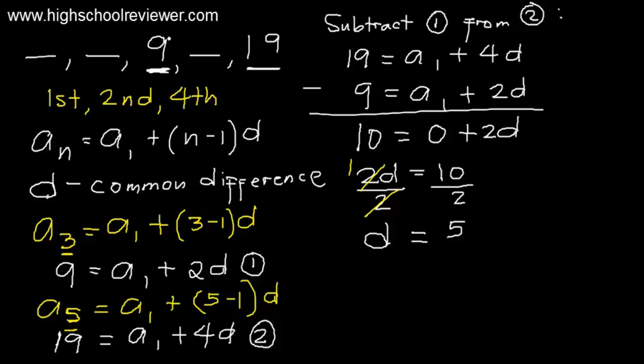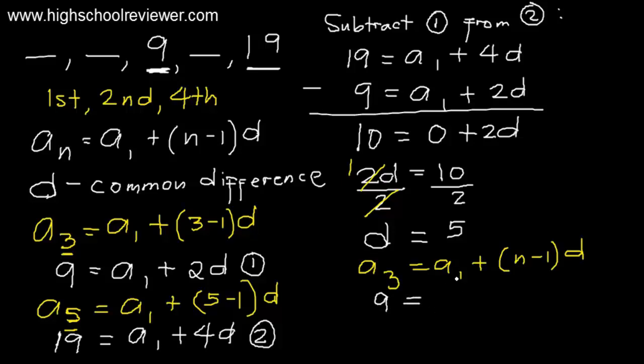We are going to use the equation of the third term also. So again, the equation of the third term, this will be a sub 3 equals a sub 1 plus n minus 1 multiplied by d. We have the value for a sub 3, that is positive 9.